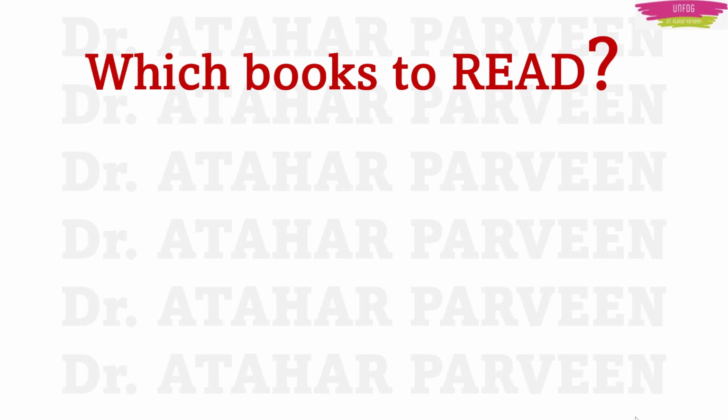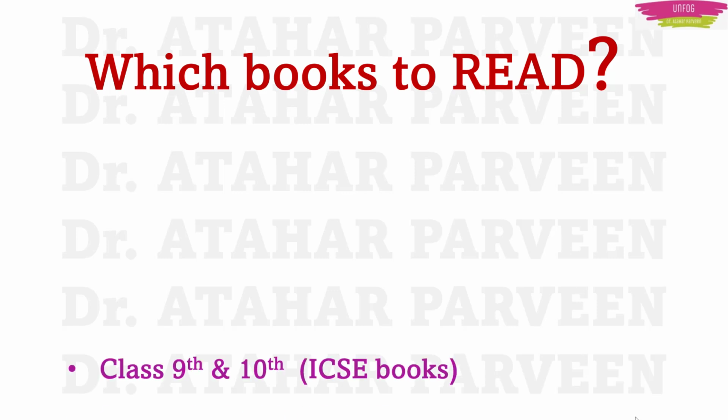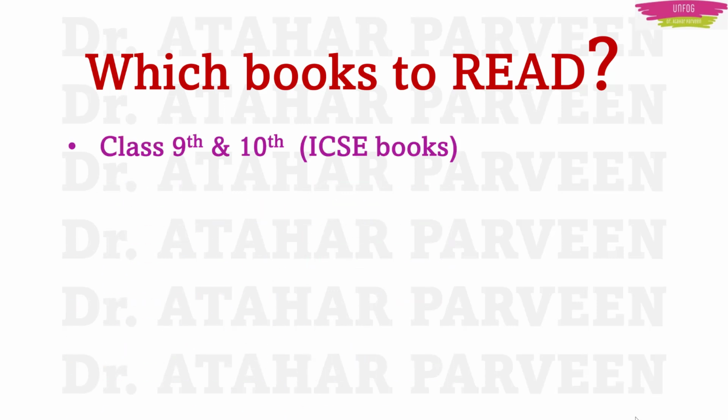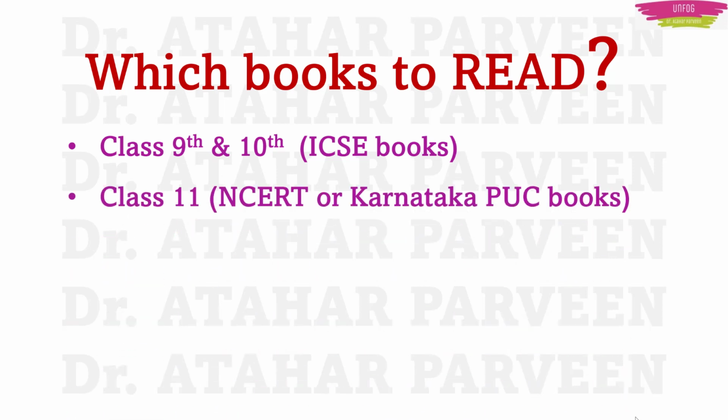The main important books required to prepare for HSTR chemistry and biology are, firstly, class 9th and class 10th ICSE books. I am not talking about state syllabus, I am not talking about CBSE books, I am talking about ICSE books. Then class 11th NCERT books, or you can also say class 11 means PUC first year, right?